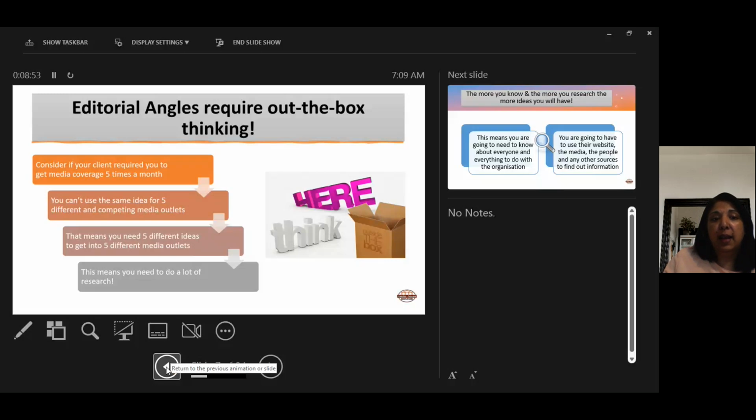Yes, you can take the one idea and send it to 10 different media outlets if you want, but you need 5 different ideas to get into 5 different media outlets. What you need to do is establish which media this messaging needs to go to. You cannot send it to every single media house.